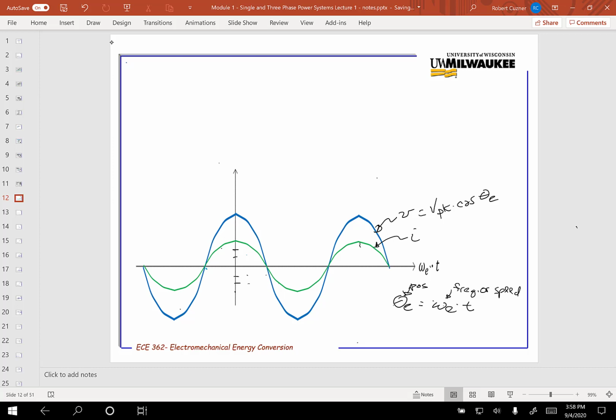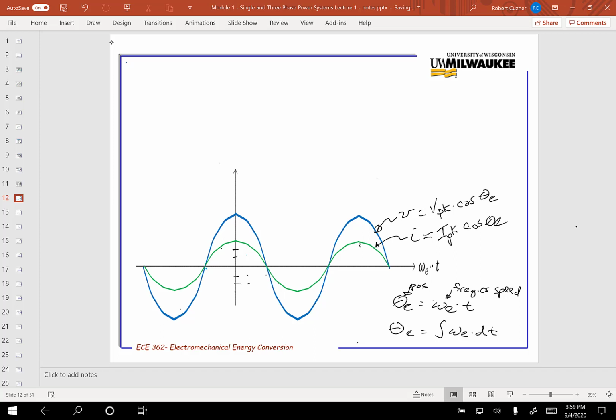So you could also say that theta E is equal to the integral of omega E with time to get the same result. Okay, so I digress a little bit there, but I've got I peak cosine theta E as well.